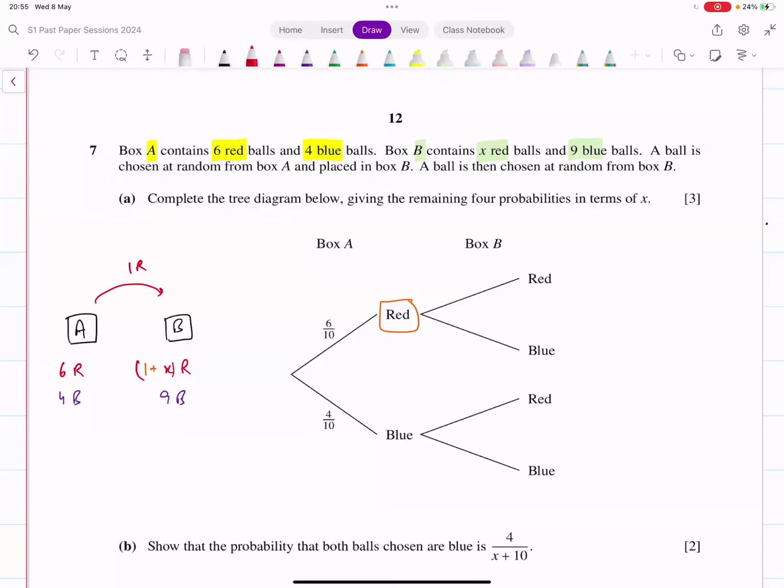What's the probability of taking out a red ball from the second box now? It's X plus 1 divided by the total, X plus 1 plus 9, that is X plus 10. So it's X plus 1 over X plus 10. What's the probability of taking out a blue ball in this case? That's 9 out of X plus 10.